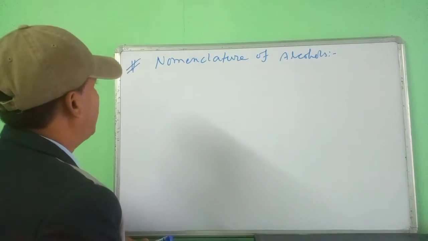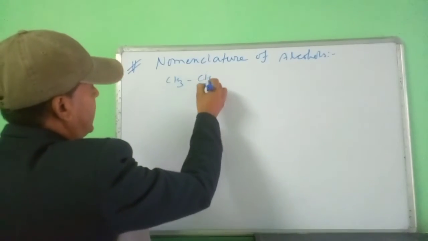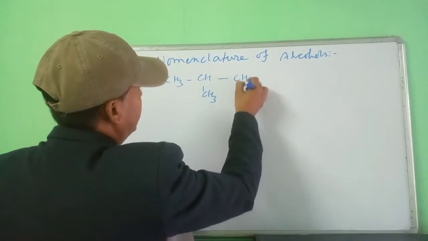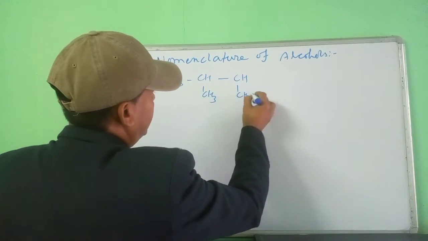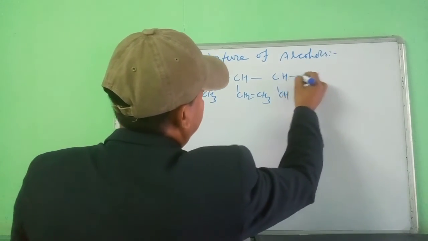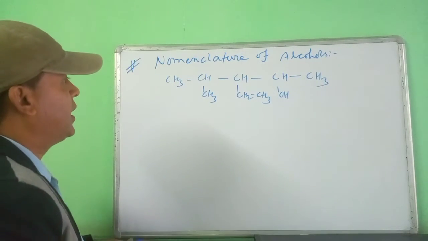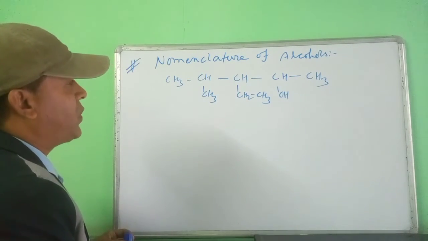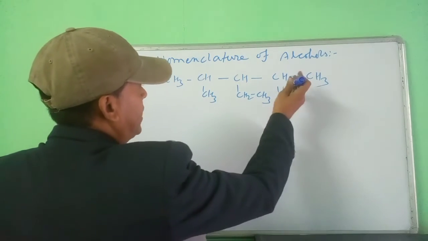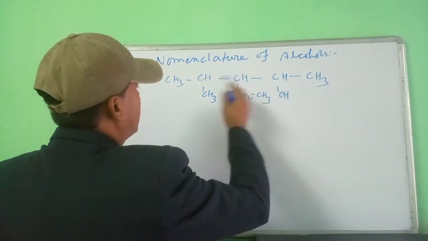Now the next example, suppose CH3, CH3, CH2 CH3, OH and CH3. Now we have to select the longest chain, and also focus on the functional group. When you select the chain, the OH must be bonded to the parent carbon.